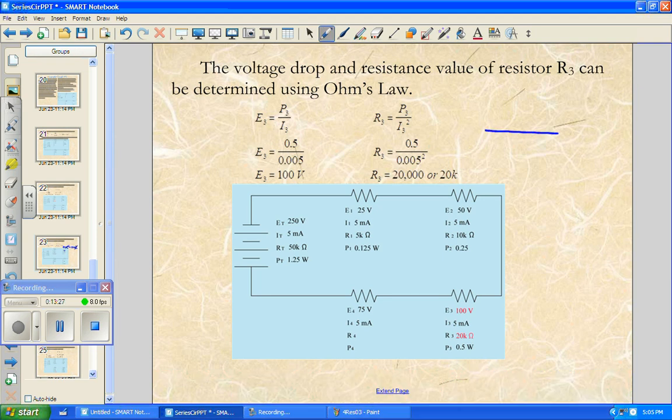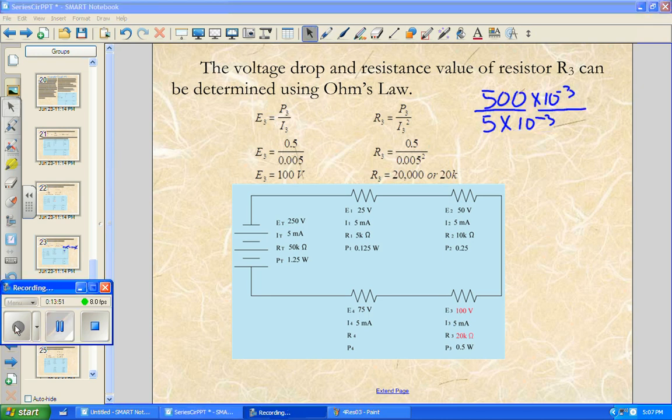Okay. Now I'm confused. Let's see. We have P is 5 times 10 to the minus third, and we're going to divide that by... All right, so I started to get this wrong and put the power in the wrong place, but it's 500 milliwatts.